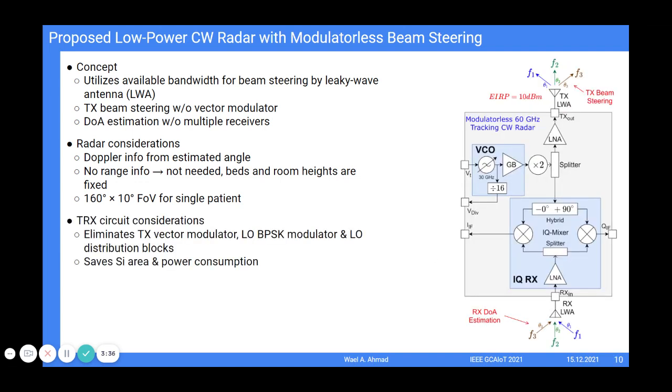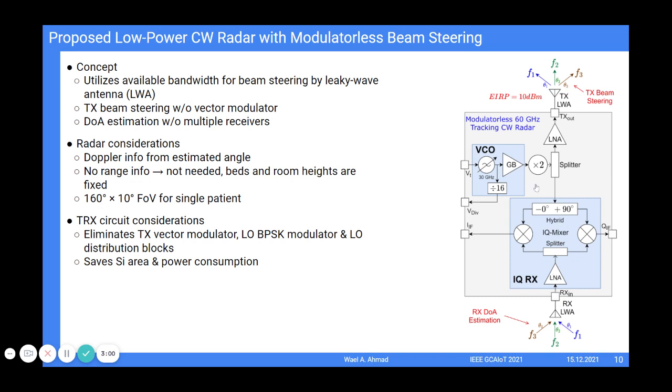The transceiver we are using to implement this concept is based on a single LO, which is also relaxed by a frequency multiplier, and it's split between TX and RX. The TX is as simple as an amplifier, and the RX is as simple as a mixer. Here it's an IQ mixer. Two antennas, at TX and RX, building a bistatic radar, can synthesize the complete radar.